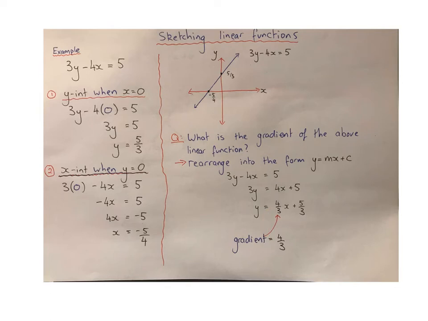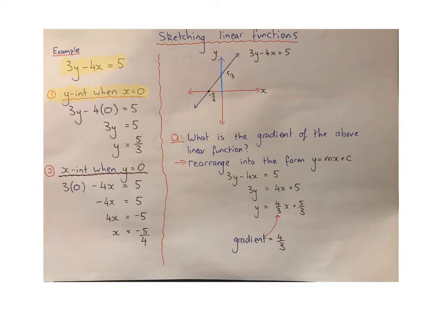Okay, so moving to the next concept, it is worth pointing out that when I found the y-intercept, that's when my straight line crosses the y-axis, which is also the line x equals 0.